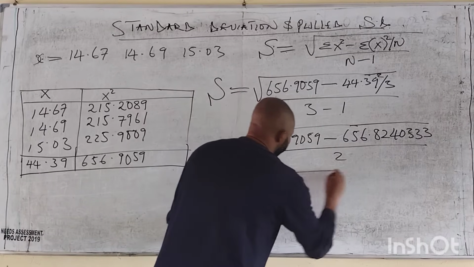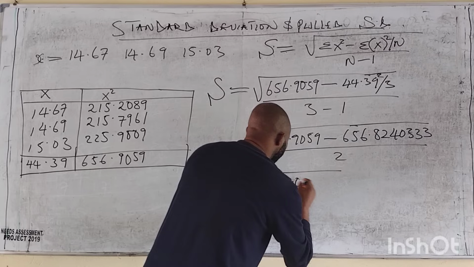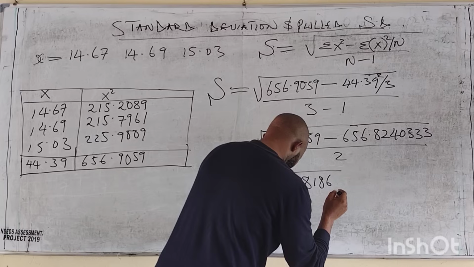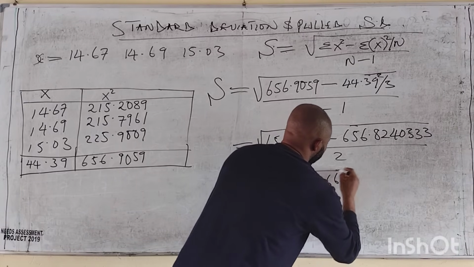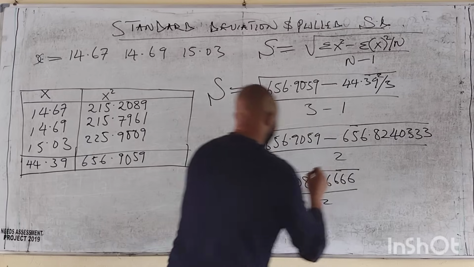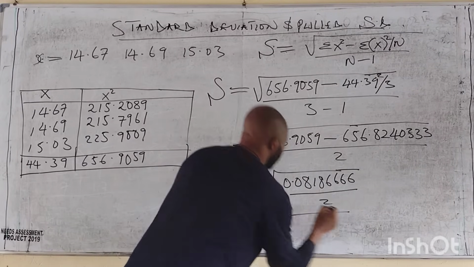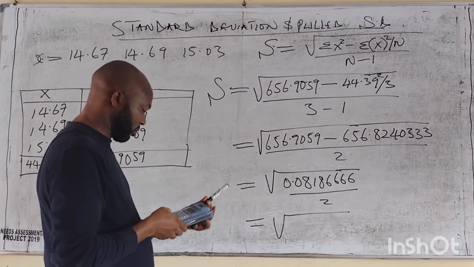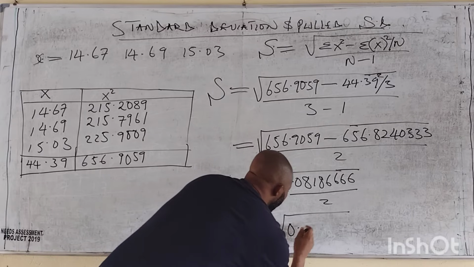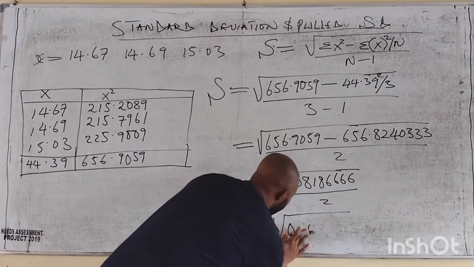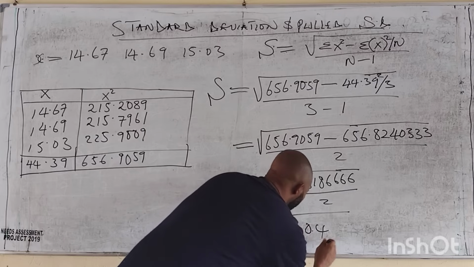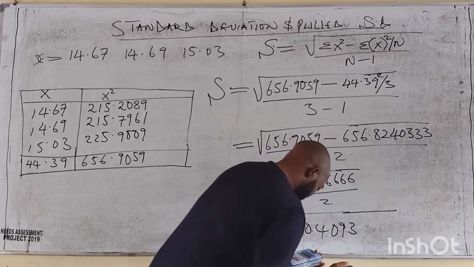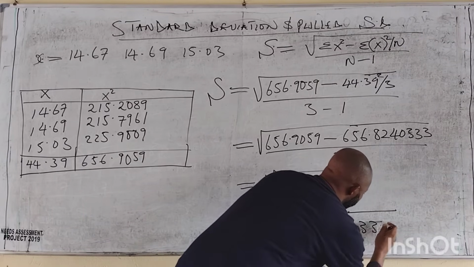I have 0.08186666 over 2, and this is equals to 0.0409333.